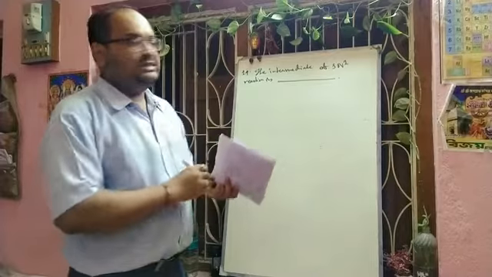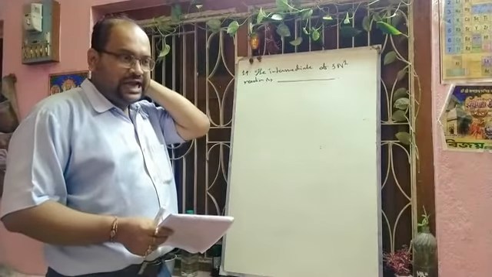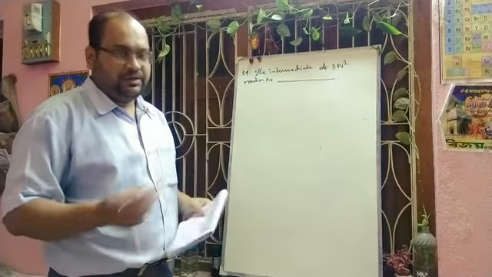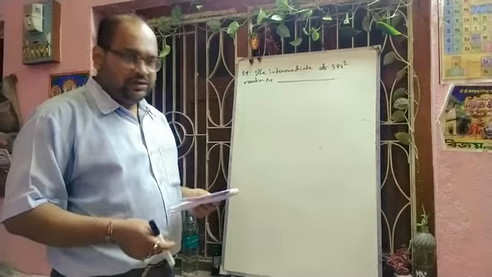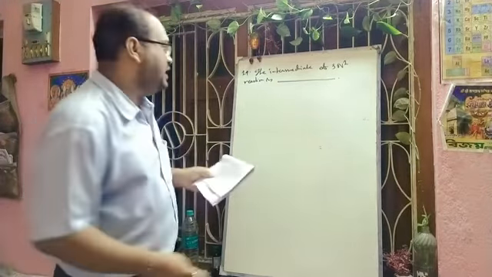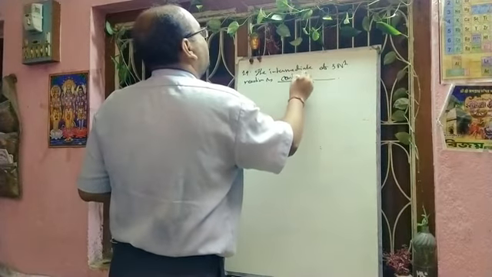All of you know that SN1 is called unimolecular substitution reaction. So generally tertiary halide will take part. First there will be formation of carbocation, and carbocation will be more stable in case of tertiary halide, and this is the stable intermediate. So here you have to write carbocation. Carbocation.